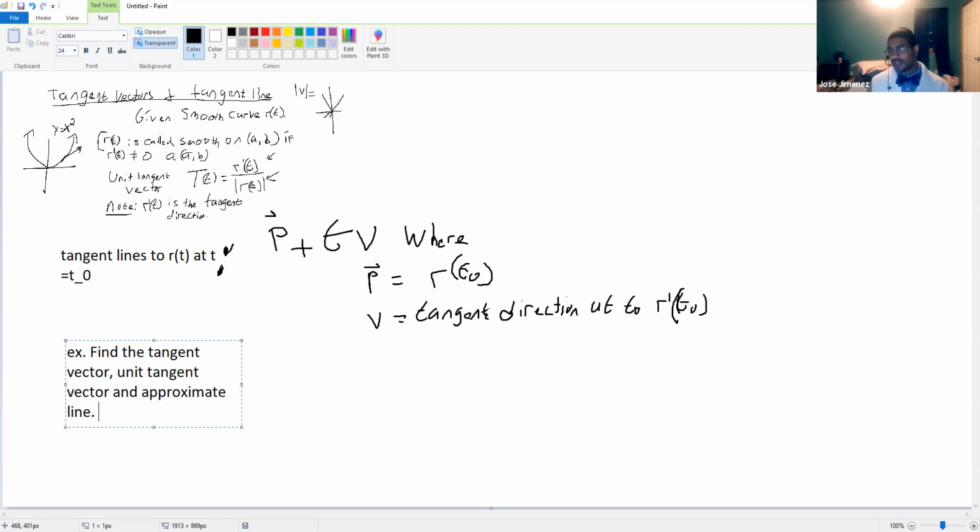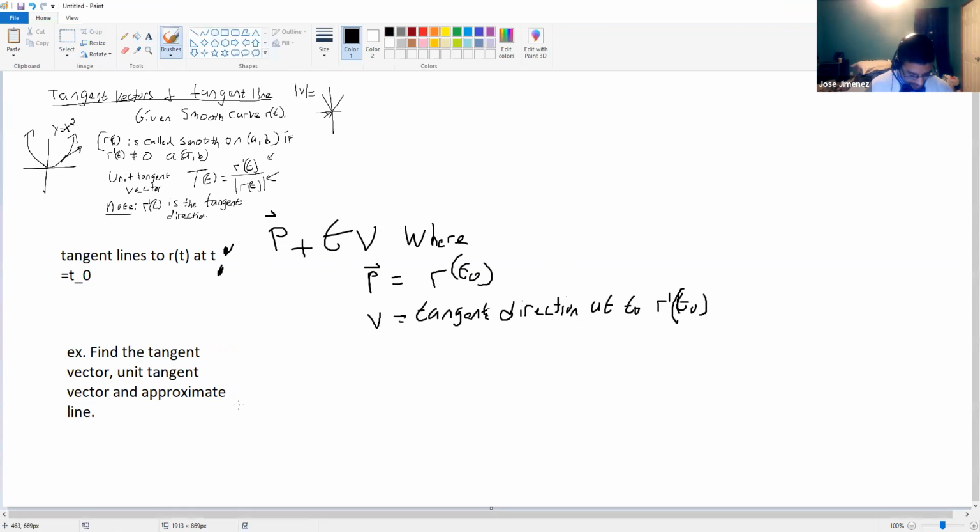And by approximate line, just like we were doing before in the world of calculus, we always find the approximate line, not the actual line, but we can approximate it within some error ratio. That's exactly what we're going to do here. The example is going to be as follows.